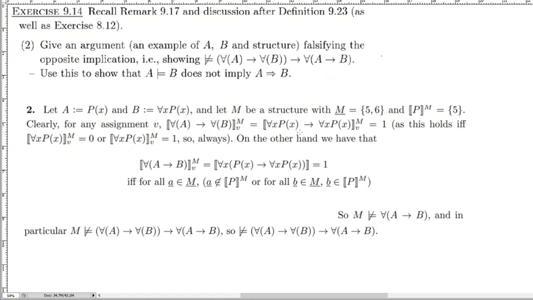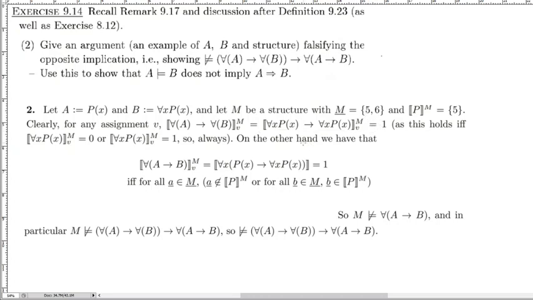But the first part and the second part are really just the same thing, because here the for all quantifier gets put in, and here we have this for all x P(x). So if this is true, then they're both true, and then it's true, or they're both false, in which case it's also true. So this here will always be 1 under this structure M.